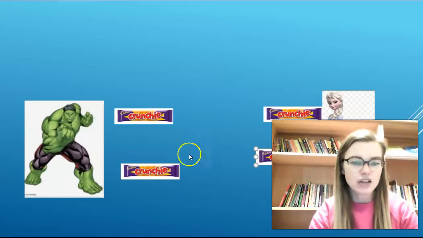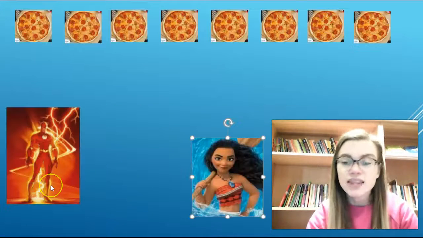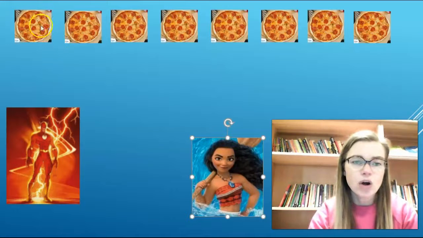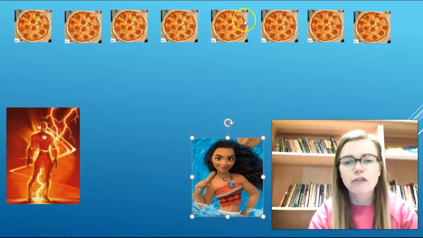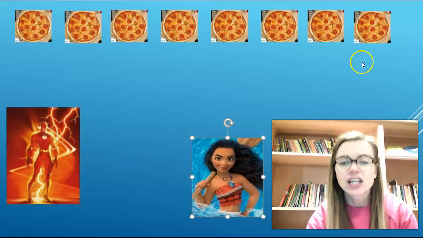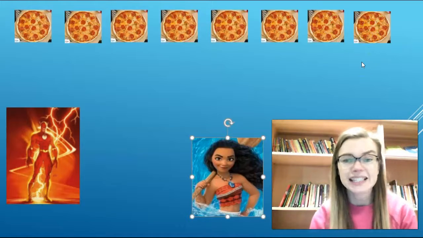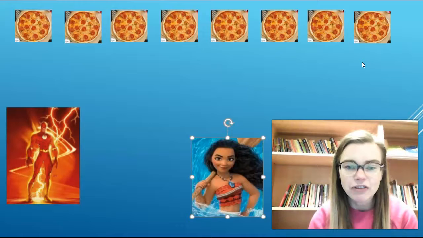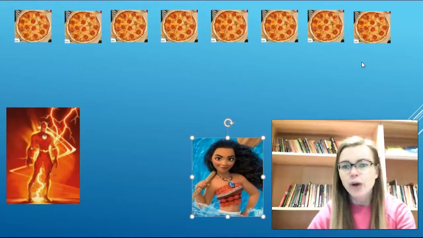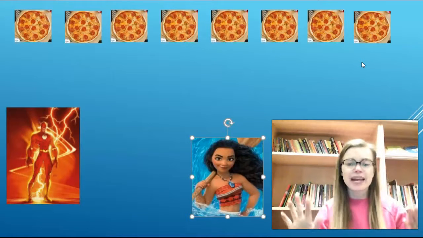Right, let's try another one. This time we're going to try and find half of 8. There are 1, 2, 3, 4, 5, 6, 7, 8. To find half of 8, we're going to share these 8 pizzas equally between Flash and Moana so that they both have the same number each.